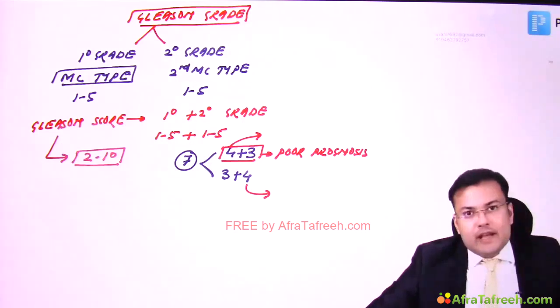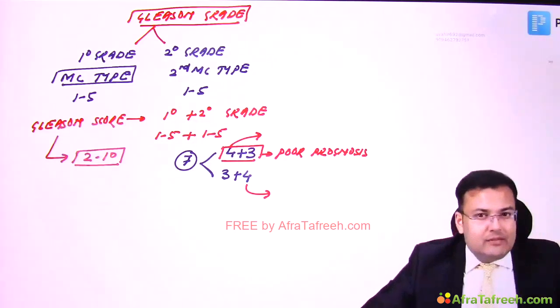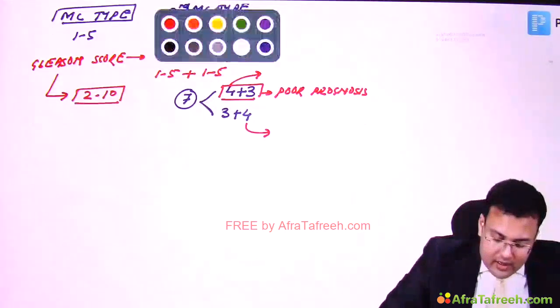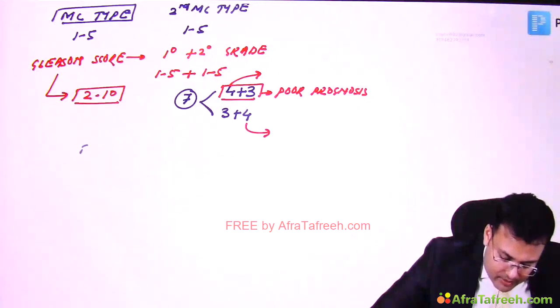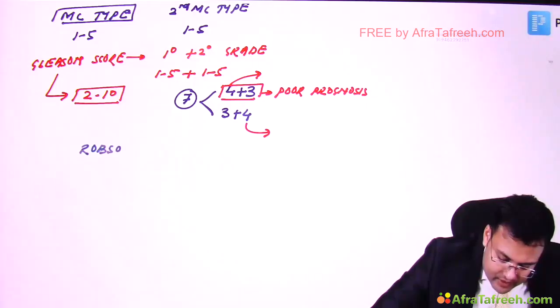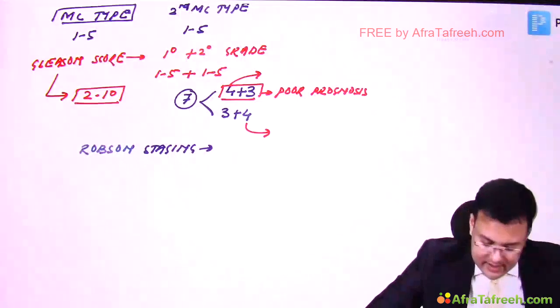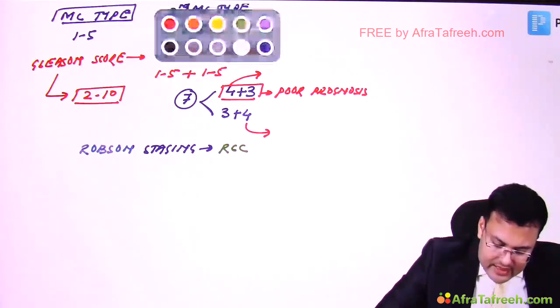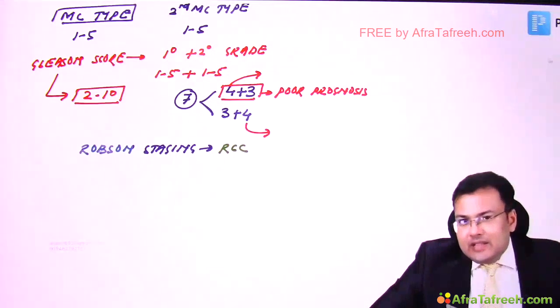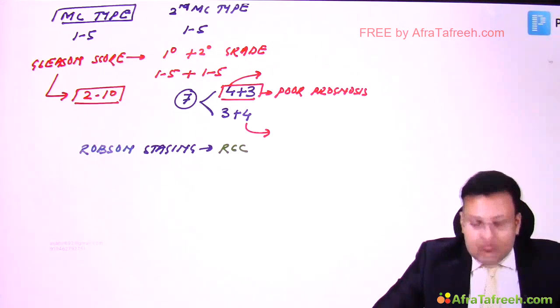Clear? There are various named stagings which are used in urology. For example, there is Robson staging. This Robson staging is used for what? RCC. There is Jackson staging. Jackson staging is for carcinoma penis.